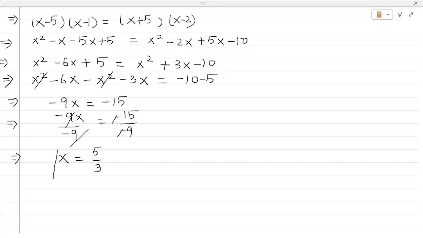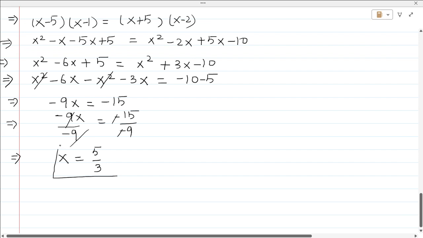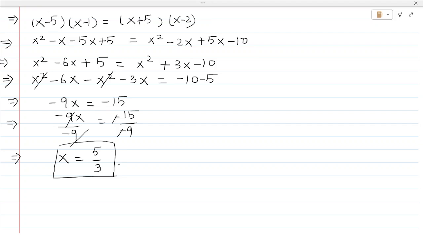So the value of x is 5 upon 3. This is the answer for this question.